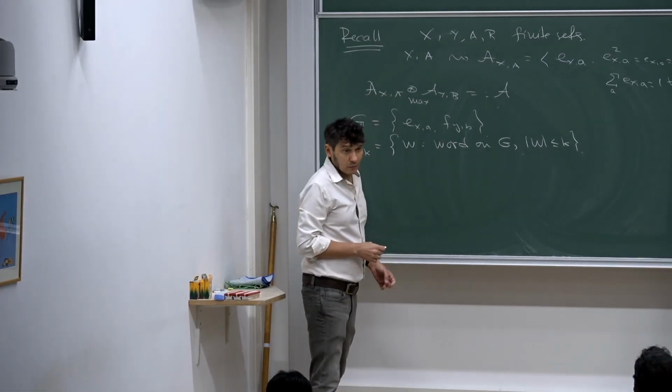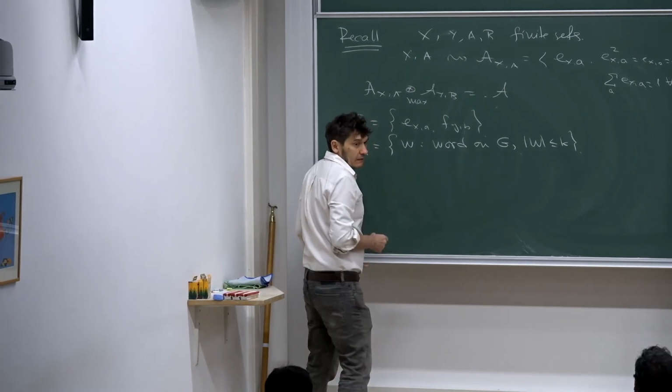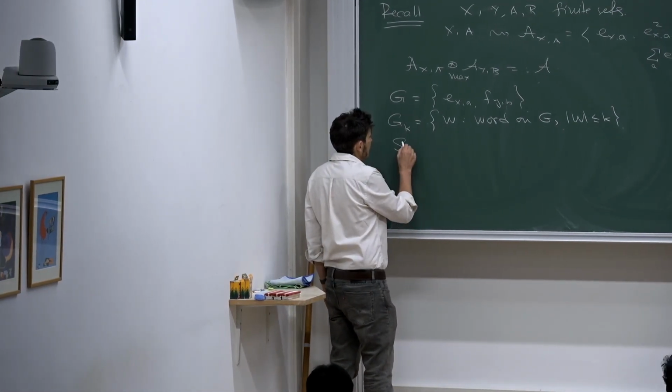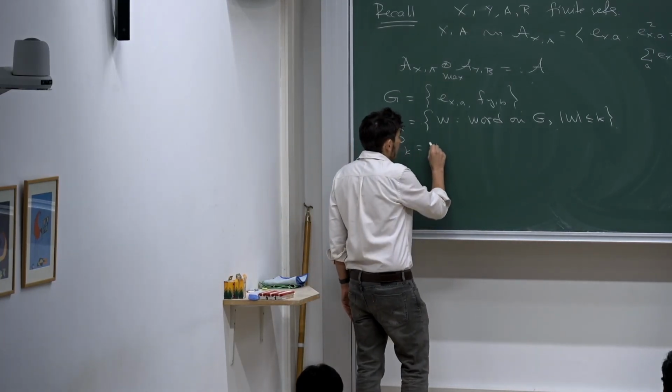One question: do you take just words, or the span of words? G_k will be just the words, and then let me take the span, the polynomials P_k.